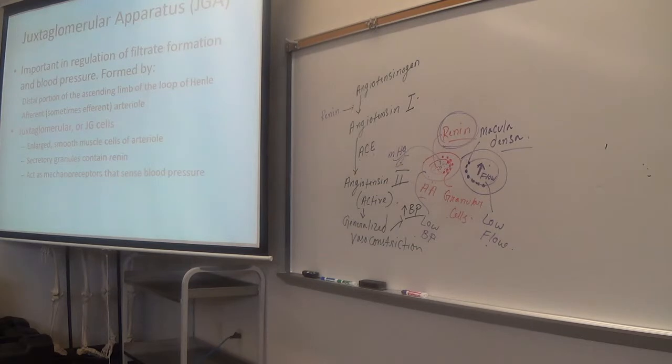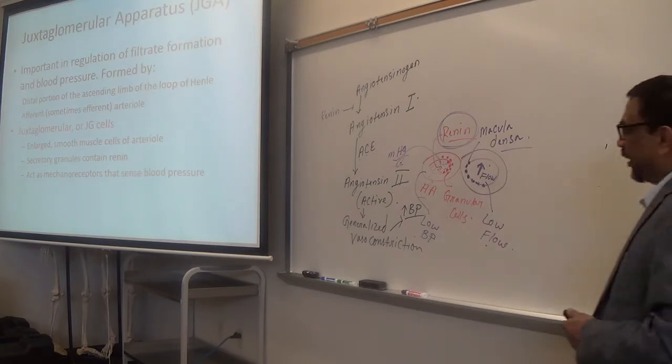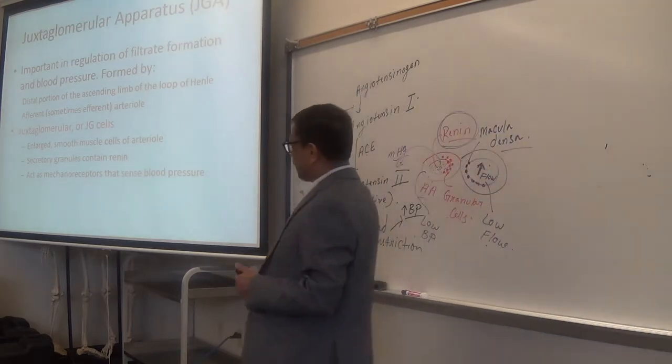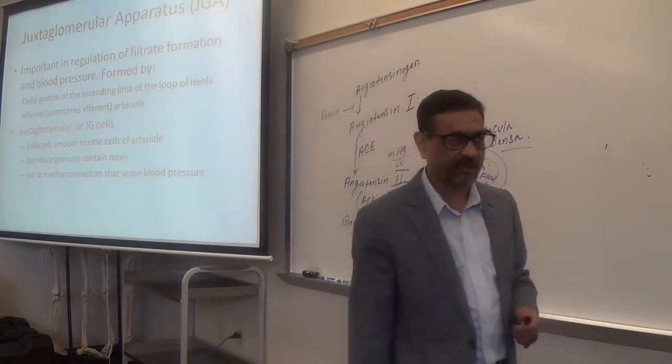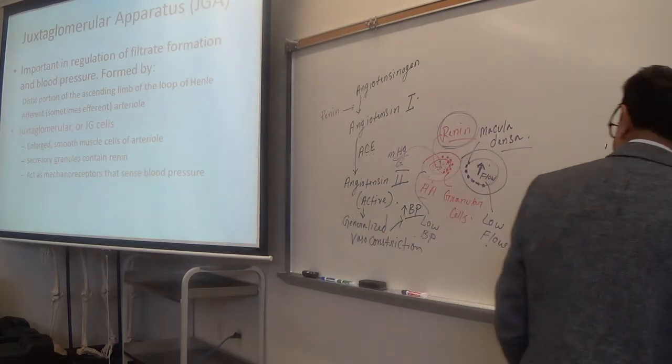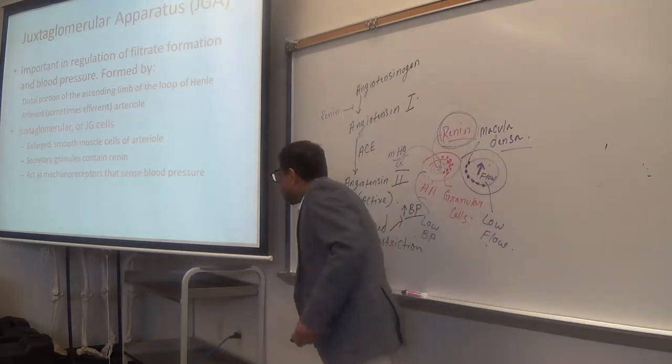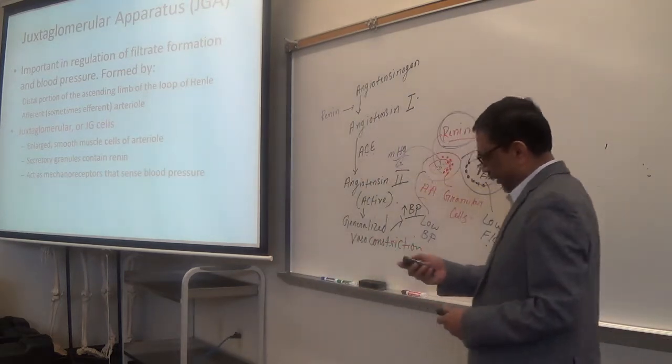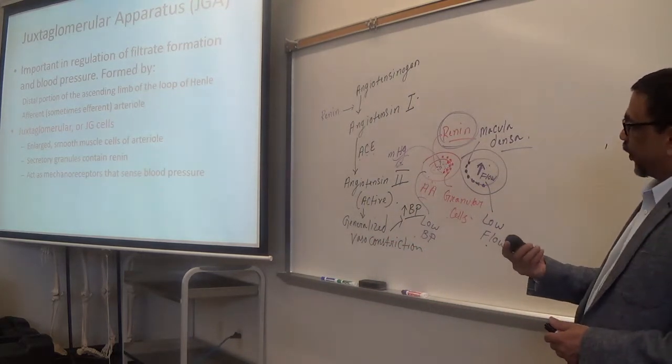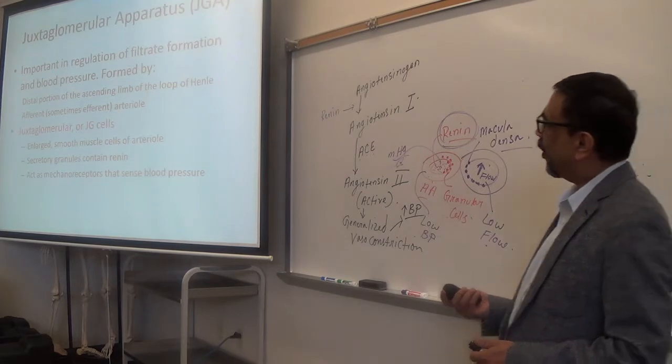Angiotensin 2 has other functions too, other ways it works, but just know here that generalized vasoconstriction. Okay? So that's how the renin is produced and works.